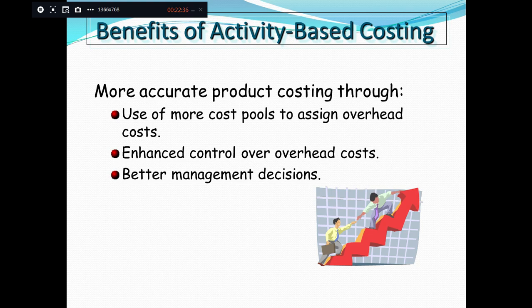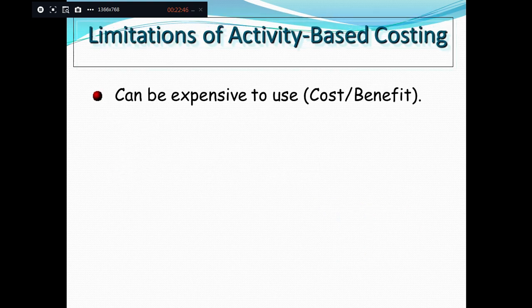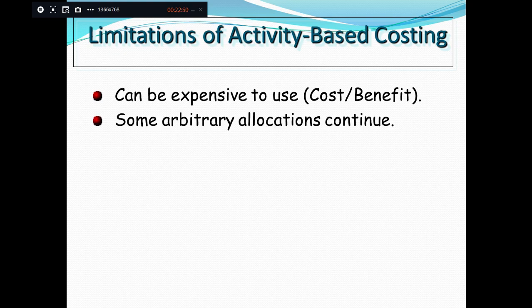The limitations of activity-based costing: it can be expensive to use, regarding the cost-benefit analysis. Some arbitrary allocations may continue even with the use of activity-based costing. So these are the limitations. But notwithstanding the limitations, it's the best way of allocating cost rather than the traditional method.